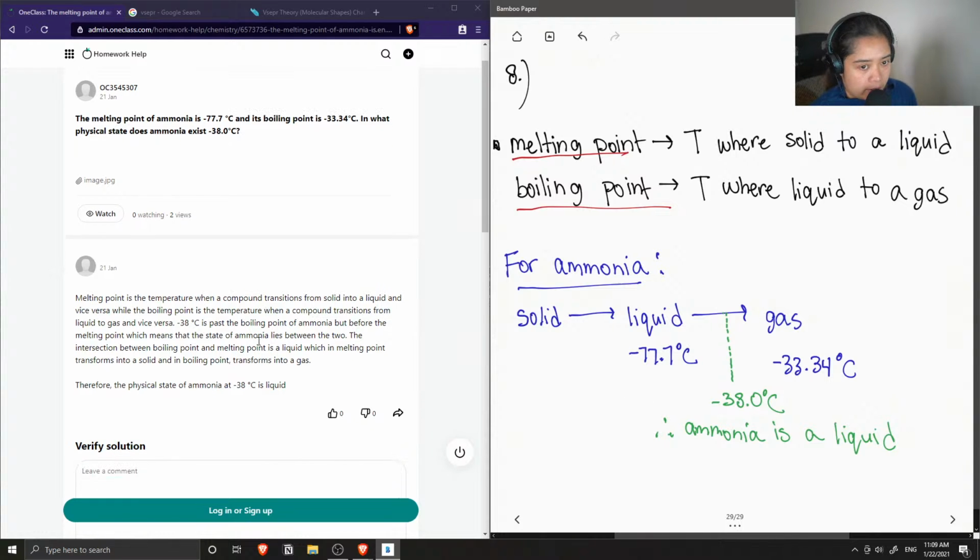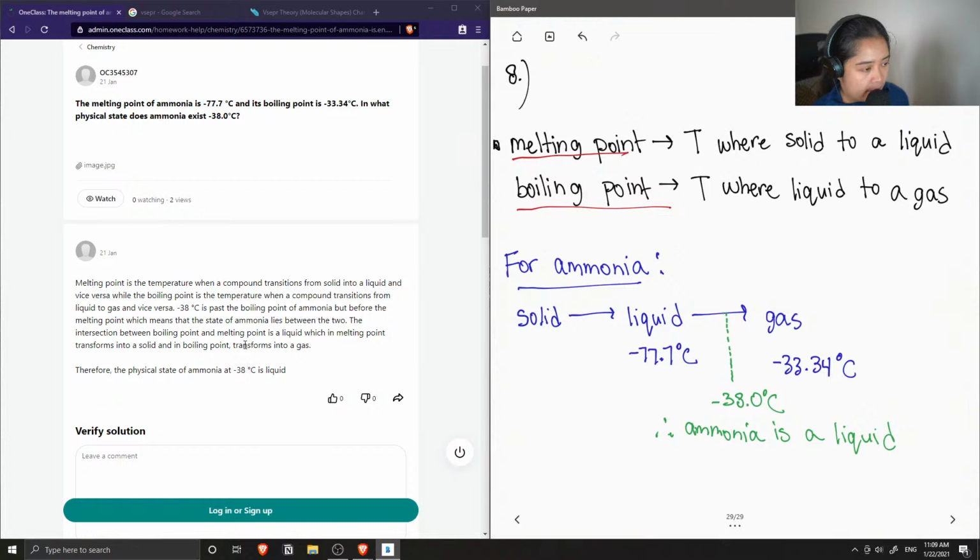So the junior tutor said that melting point is the temperature where a compound transitions from a solid into a liquid, and vice versa, while the boiling point is the temperature when a compound transitions from a liquid to gas, and vice versa. Negative 38 degrees Celsius is past the boiling point of ammonia, but before the melting point, which means that the state of ammonia lies between the two.